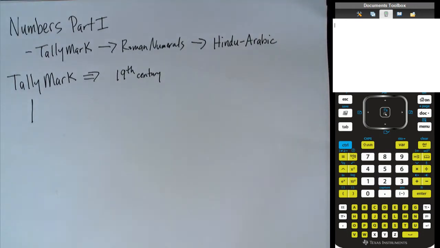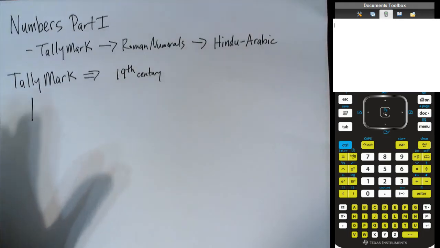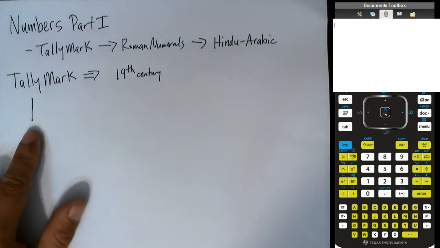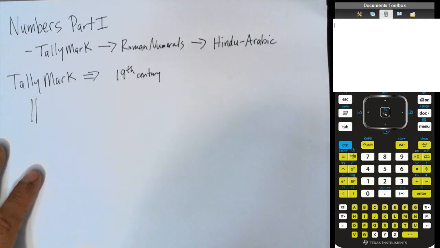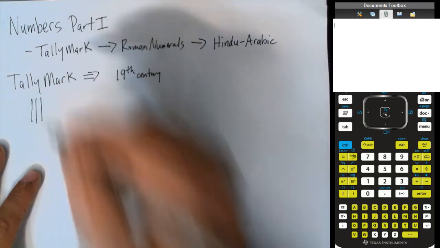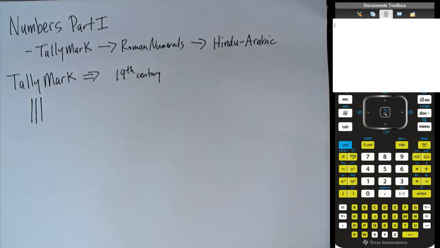And different villages and different places did things differently. It was very common that everybody would say, okay, this is one thing, and this is two things, and this is three things, and then higher than that, well, everybody did things differently.